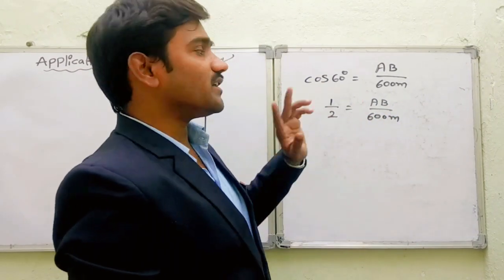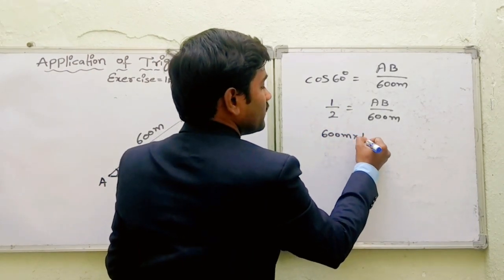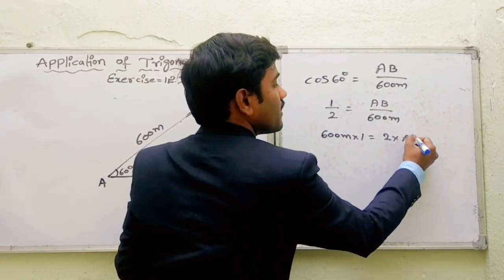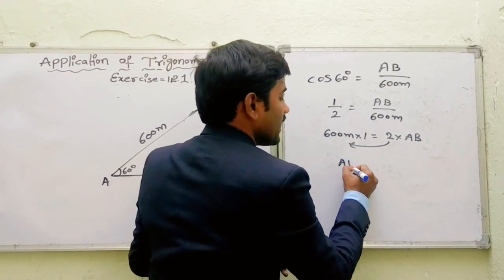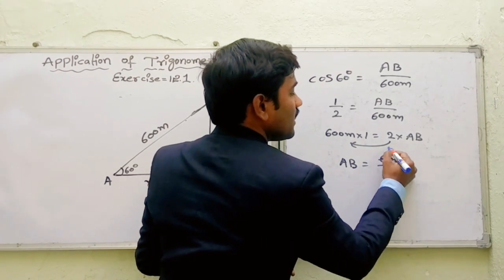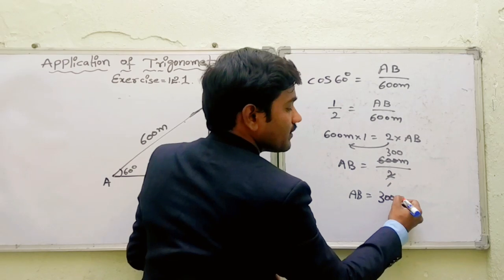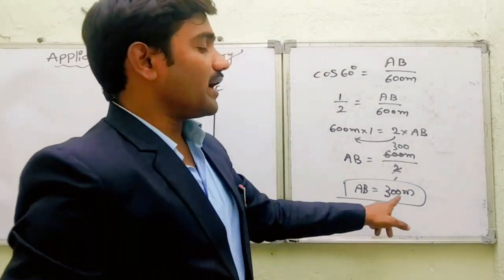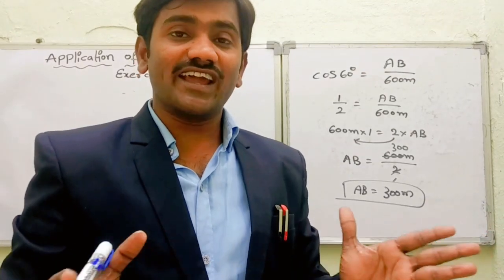Let's do the cross multiplication. We get 600 meters into 1 equals 2 into AB. This 2 we transfer to this side, it will divide. AB equals 600 meters by 2. 2 threes are 6, 300. Then AB equals 300 meters. That means the actual width of the river is 300 meters.